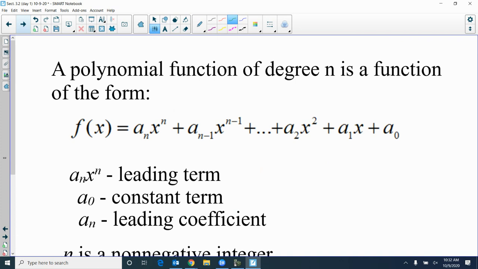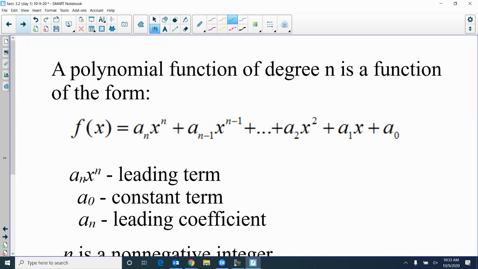All right, just general terminology here. Polynomials. A polynomial of degree n is a function of the form. Okay, there's really no other way to write it. As you start moving up in the math classes, you get more variables and more letters. A sub n, x sub n, that's your leading term. A sub n minus 1, x sub n minus 1. So basically, if this is a 6, that's a 5.